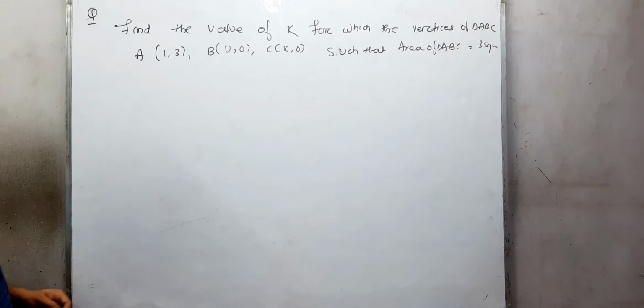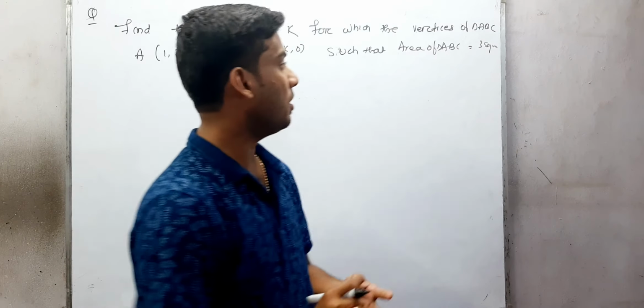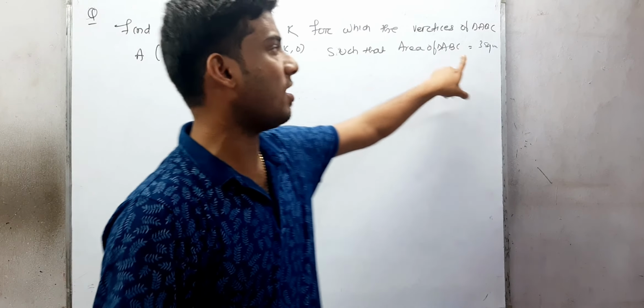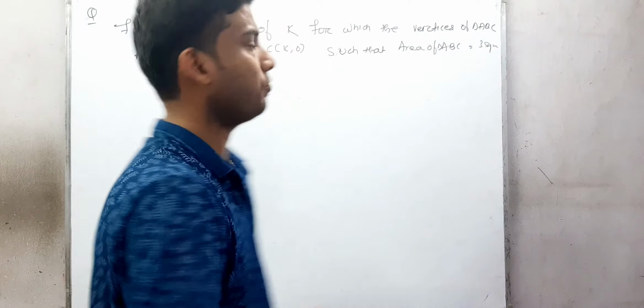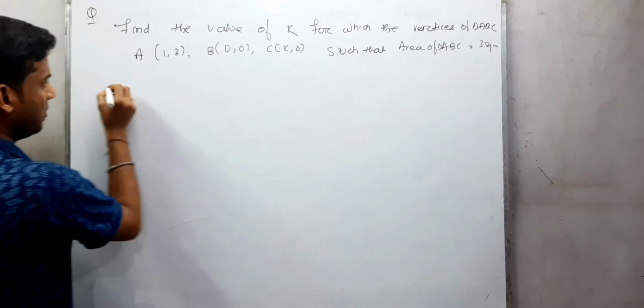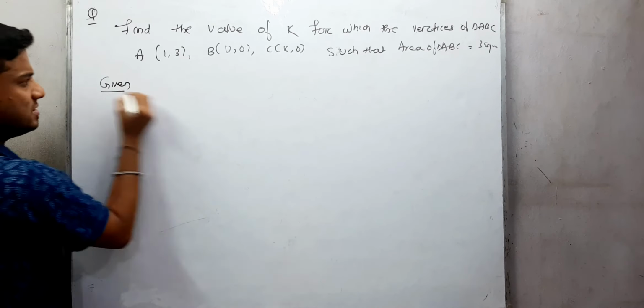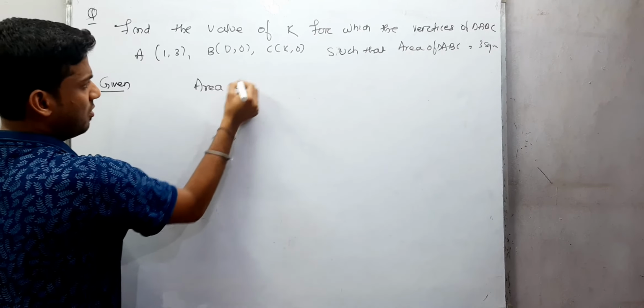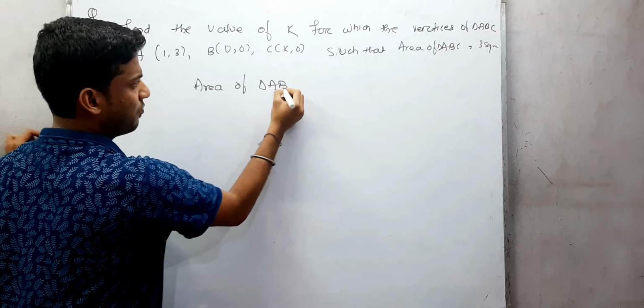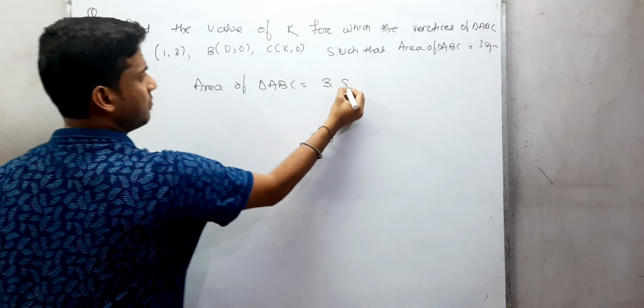So it is given that the area of the triangle ABC is 3 square units.